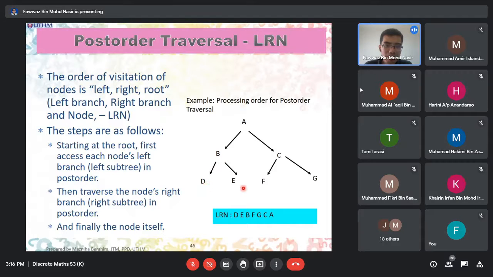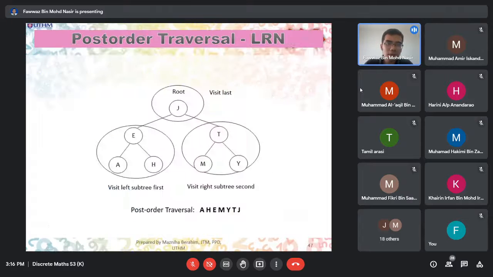So we get D, E, B, then F, G, C, A. So we get the post-order sequence. For this graph, for example, we go to A, H, E, M, Y, T, J. So we get our post-order traversal. Can you see the difference between pre-order, in-order and post-order? Any questions? No, sir.